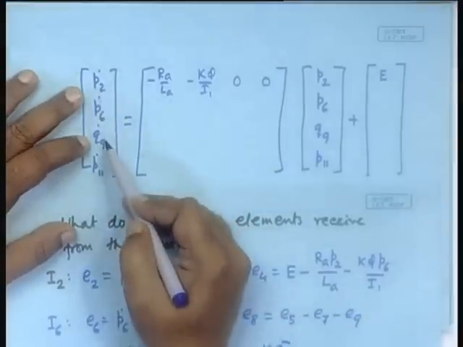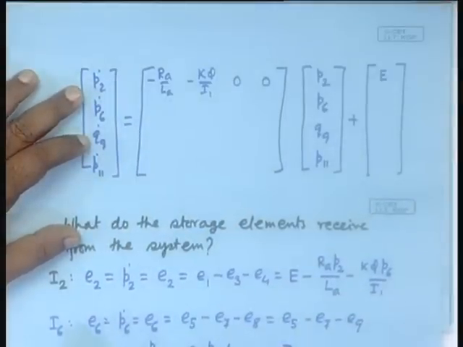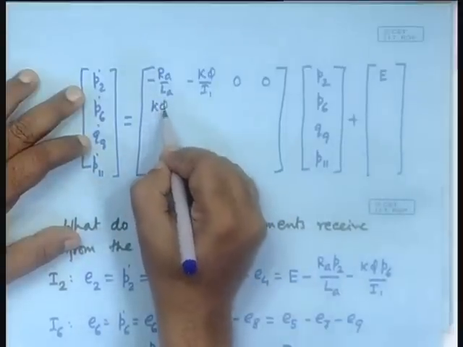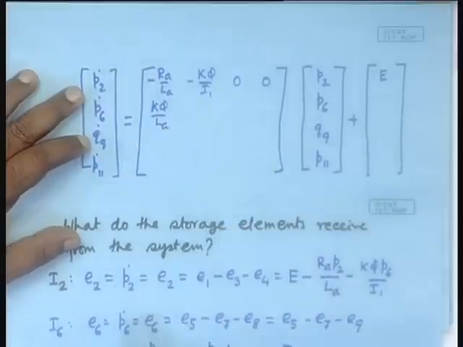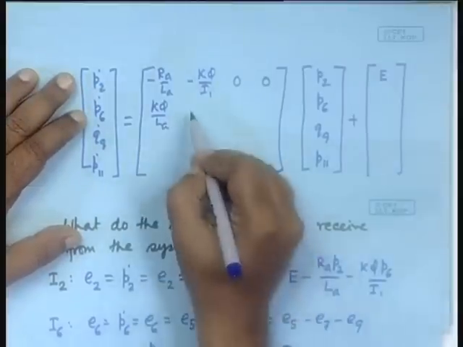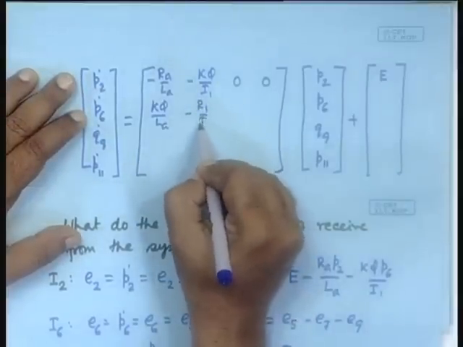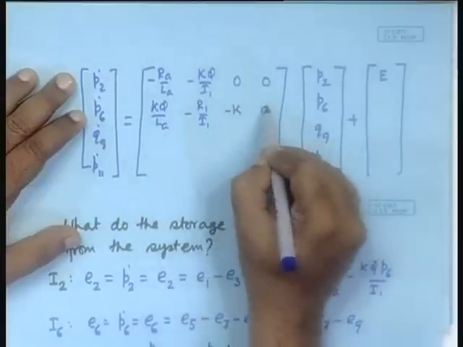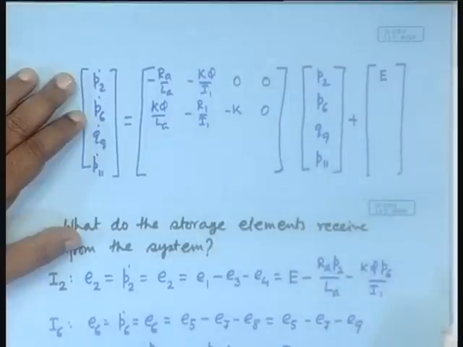So, these 3 will be there: K phi by L A for the P2 term, minus R1 by I1 for the P6 term, third one minus K, and so on and so forth.